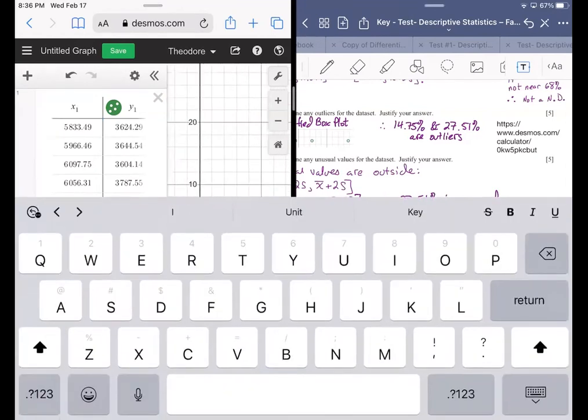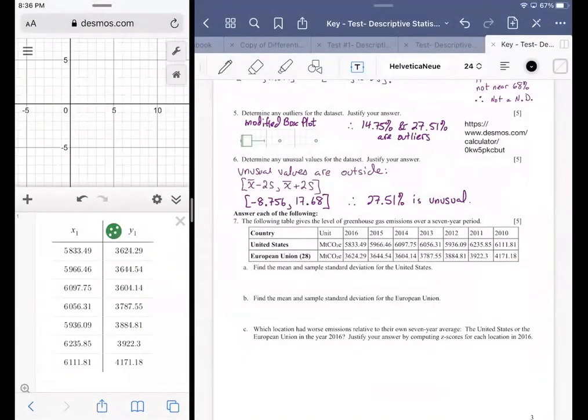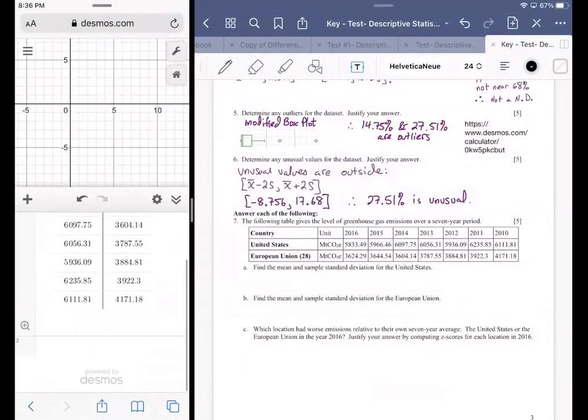So for this one, the first 2 parts of the question are very straightforward. Find the mean and standard deviation for the US and then also for the European Union. The US I put into X1, the EU I put into Y1, so we'll have to keep that in mind.